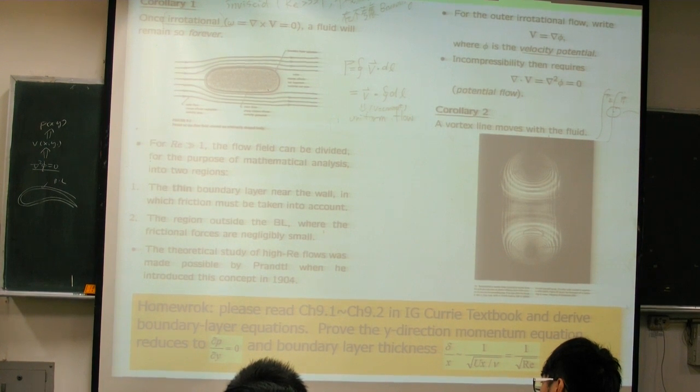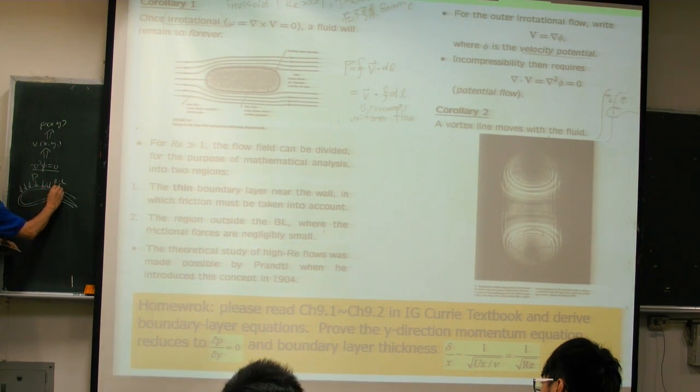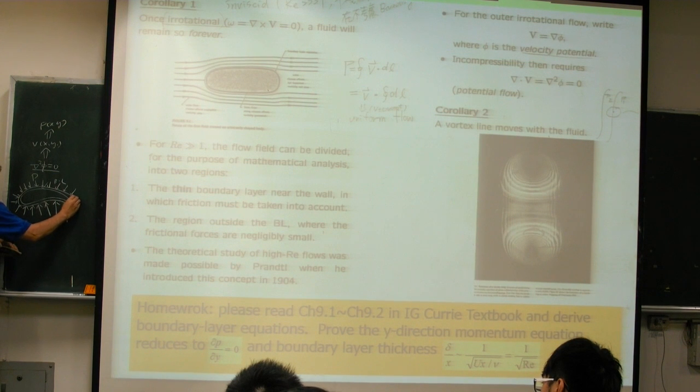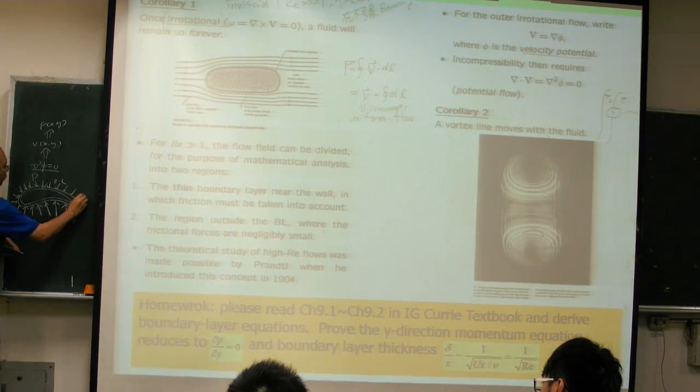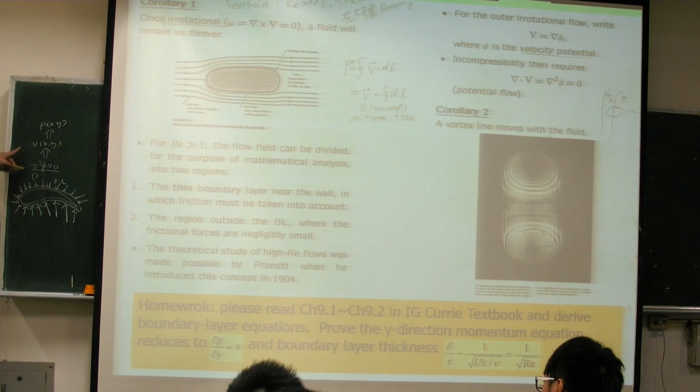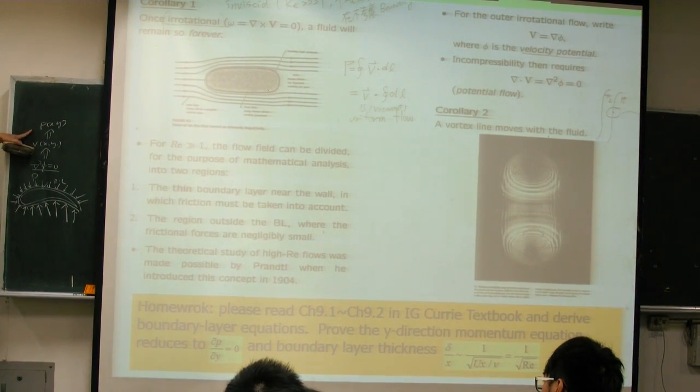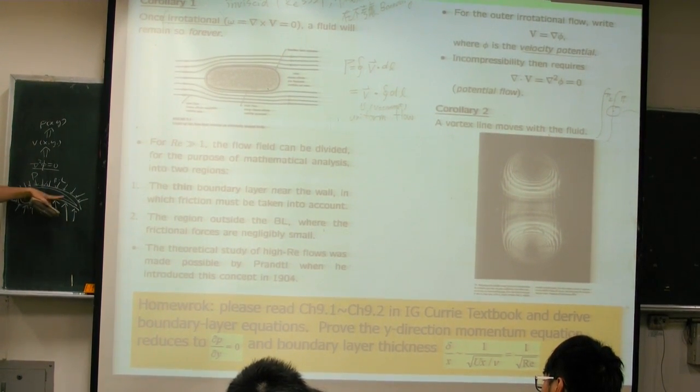Once you have the pressure field, you have the pressure here and here; this is the pressure distribution in the outer field. I can calculate the pressure along this surface from the outer region, from the potential flow.